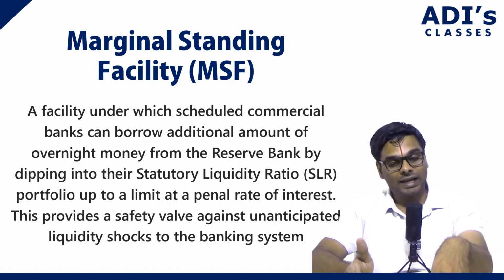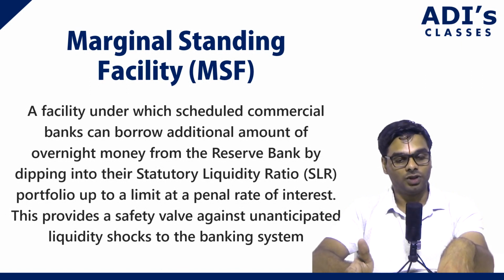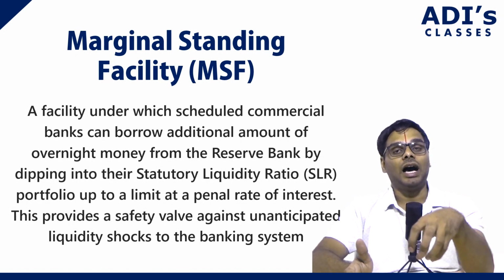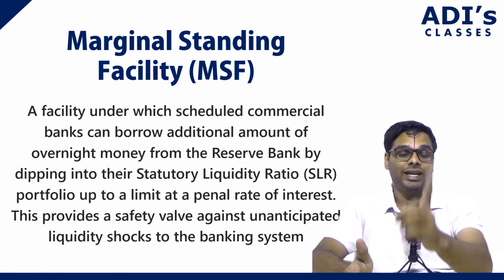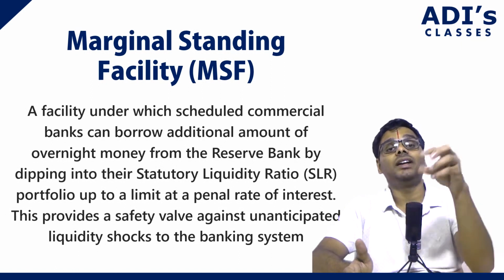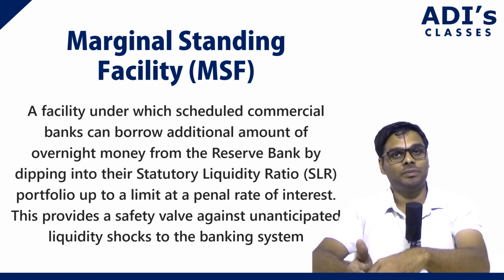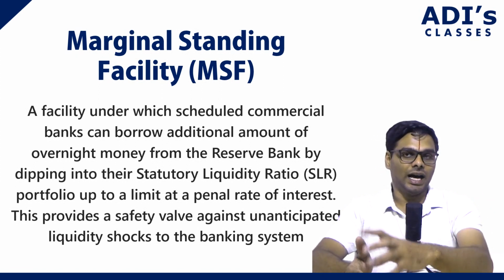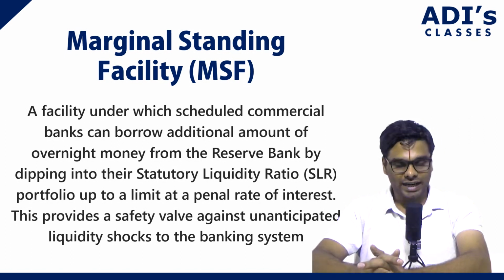When bank A does this, the RBI says, okay, you are not doing the right thing, so I am going to fine you. This fine is the penal rate of interest, the extra 50 basis points or 100 basis points on top of the repo rate charged by the RBI. This is known as the marginal standing facility rate.